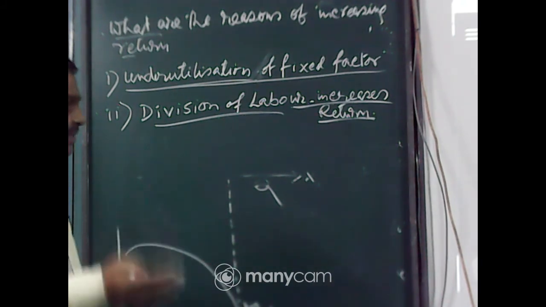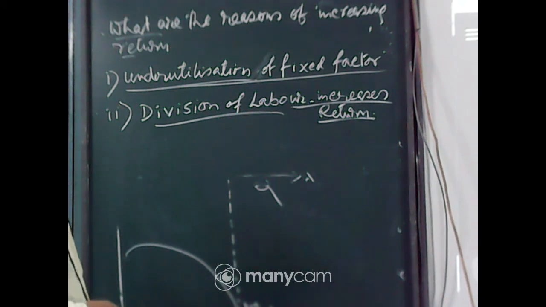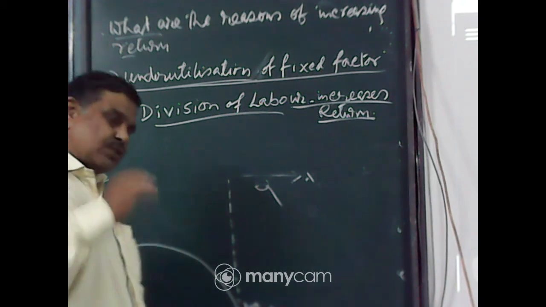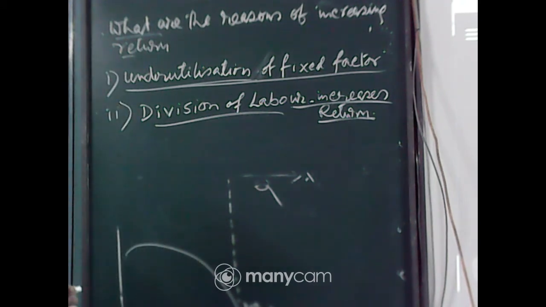So this is the difference of efficiency. If division of labor is done, that is, if the laborers are divided according to their efficiency and employed in their efficient field, then production will gradually increase. Production must increase. Is it not?